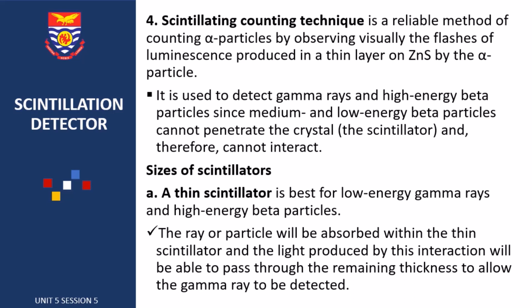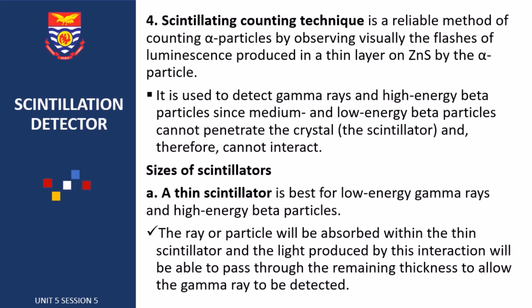Now let's look at sizes of scintillators. We have a thin scintillator, which is the best for low energy gamma rays and high energy beta particles. This is how the thin scintillator works.